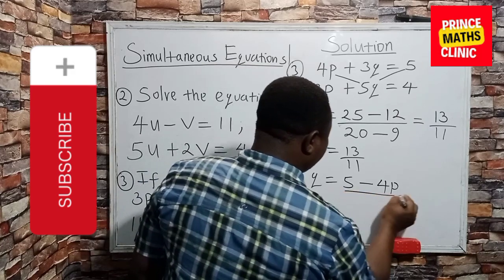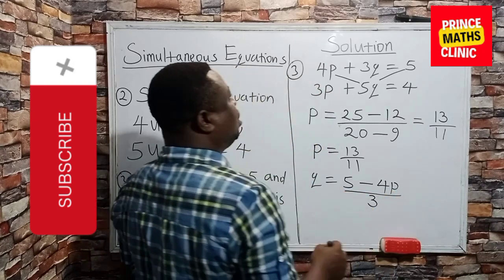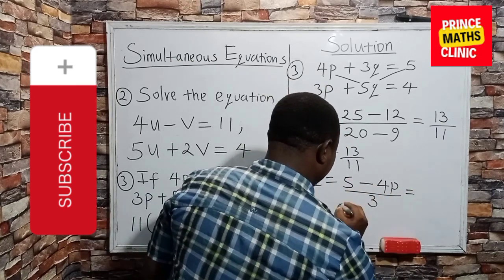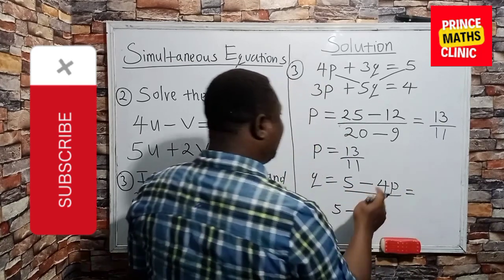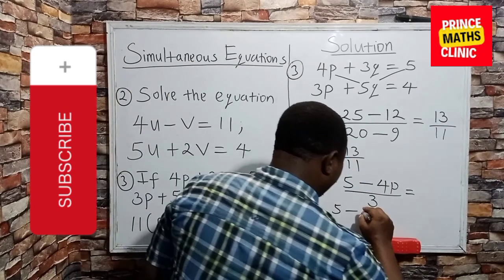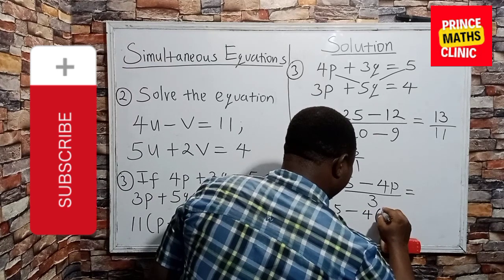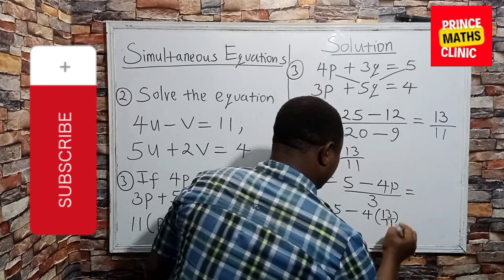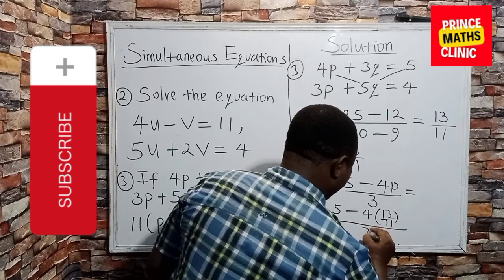I'll divide everything by 3. Right? So 5 minus 4p. P is 13. So this becomes 4 times 13 over 11. Everything divided by 3.